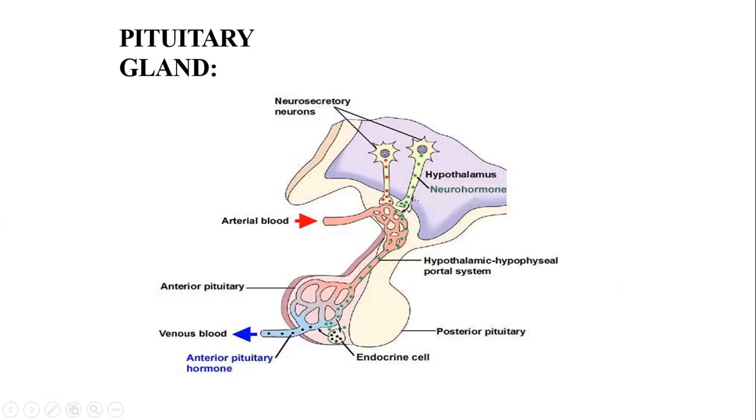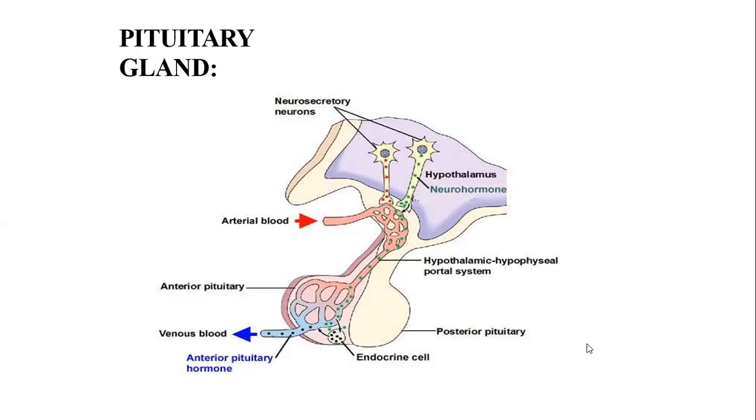In general, there are two exact lobes, but a third part is also present. The anterior lobe is called adenohypophysis, the posterior lobe is also called neurohypophysis, and in between the anterior and posterior lobe there is the pars intermedia.